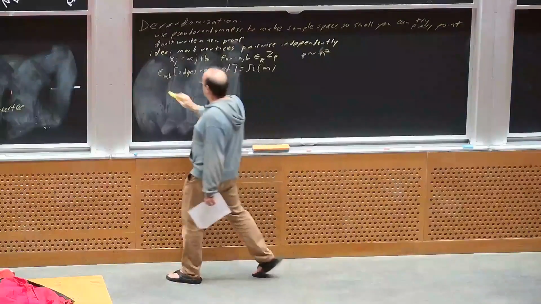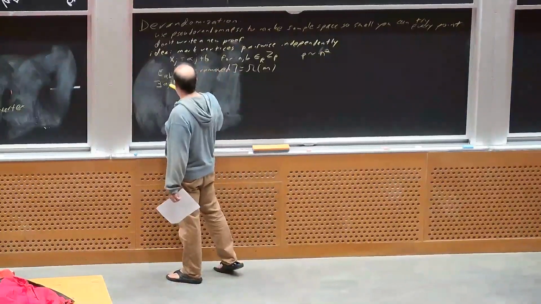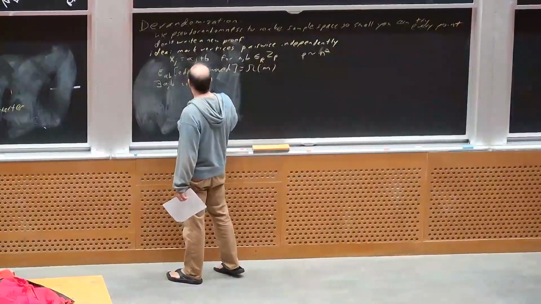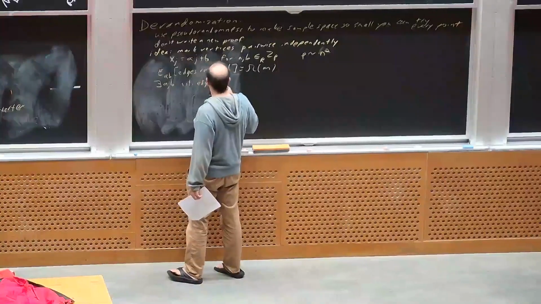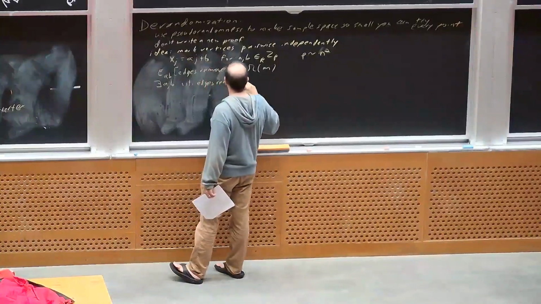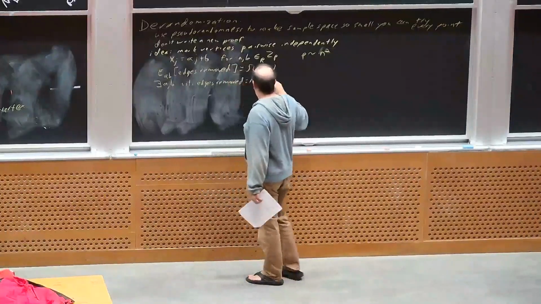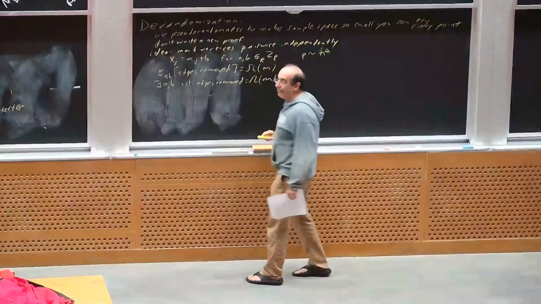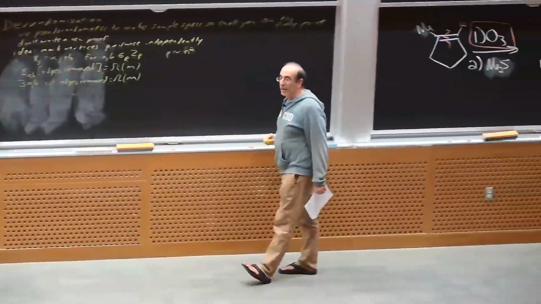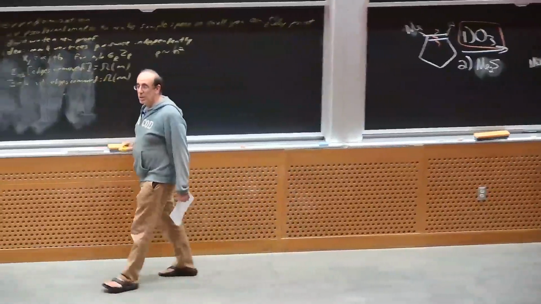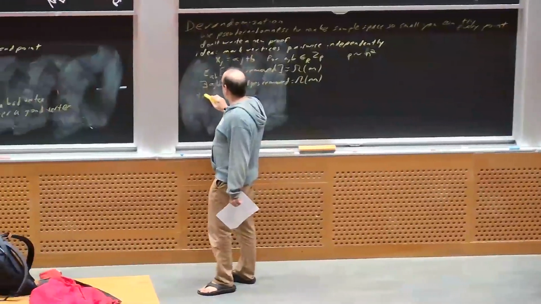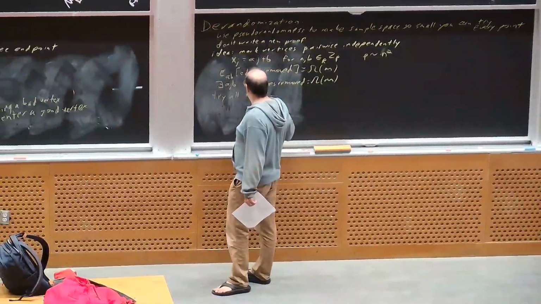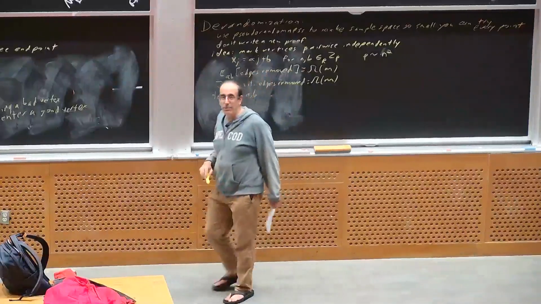That means that there exists an A and B such that the edges removed is omega of m. So if we want a deterministic algorithm, let's just try all pairs A and B.